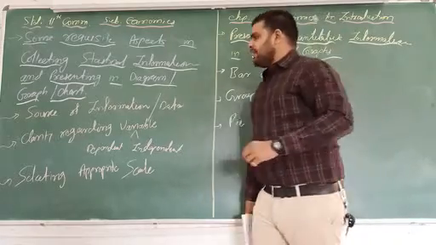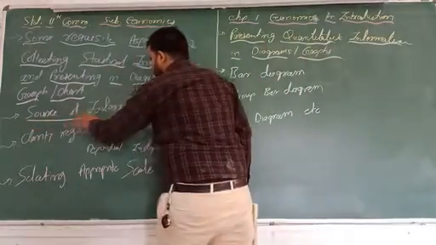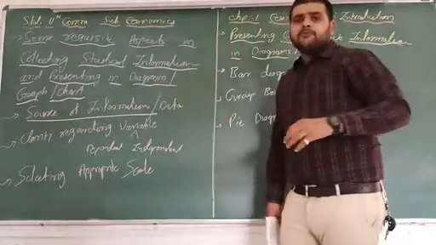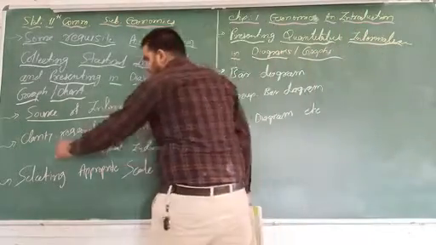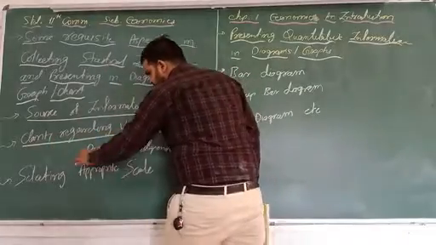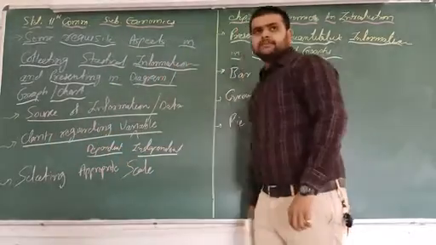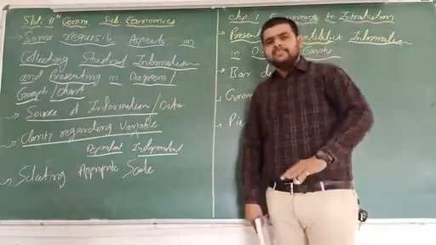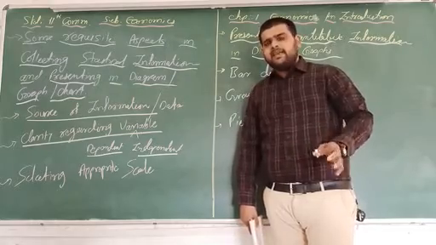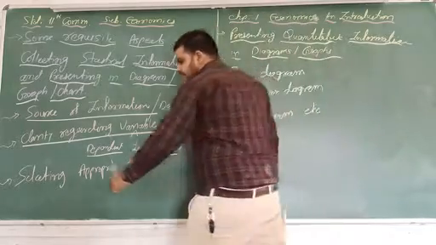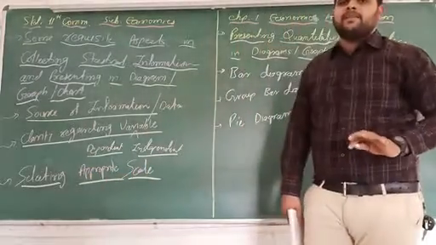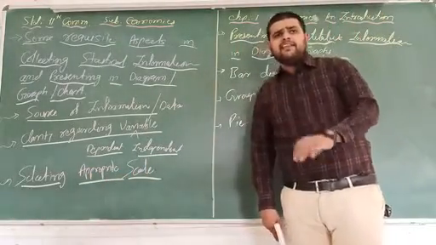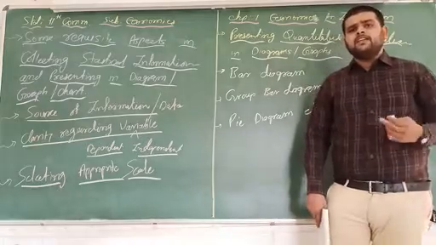Very first, the source of information, it means from where we collect the information. Number 2, clarity regarding the variable. 2 types of variable are there: number 1, dependent, second, independent. And third, selecting appropriate scale. So these 3 important topics are there. Now we will discuss all the points one by one.